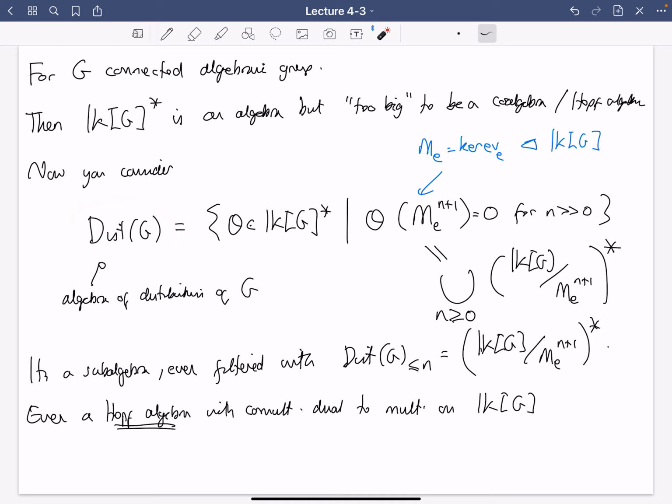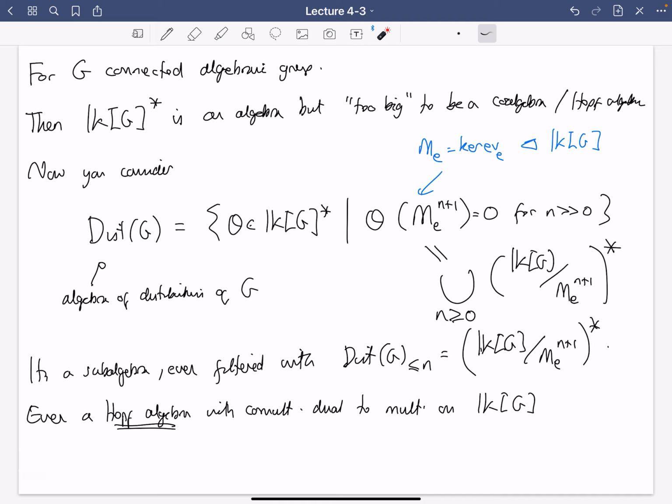So this is a reasonable finite way of taking the dual of the coordinate algebra and getting a Hopf algebra out. This makes sense over any field of any characteristic.